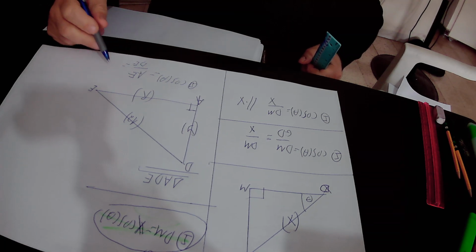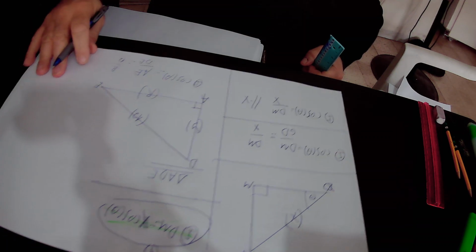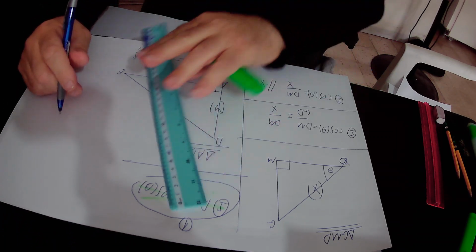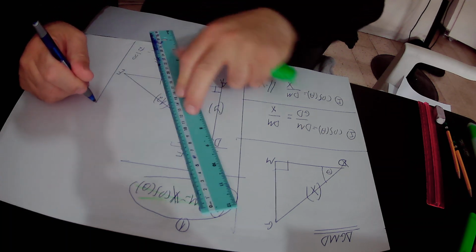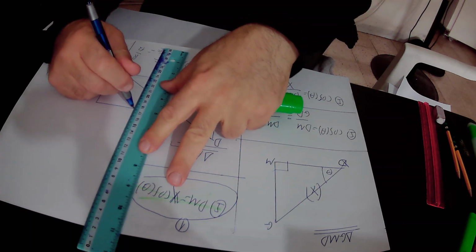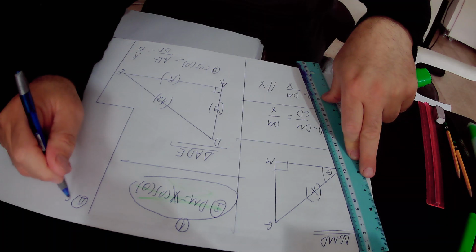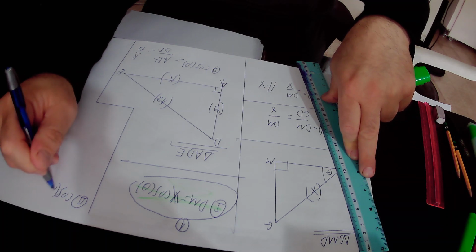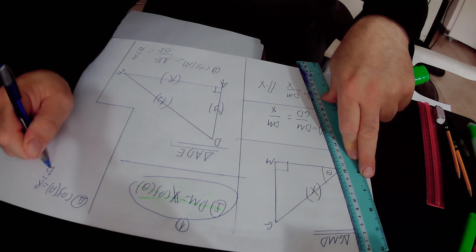So cosine theta equals AE, that is r, over DE, that is 12. So according to equation 2, we actually found out that cosine theta equals r over 12.